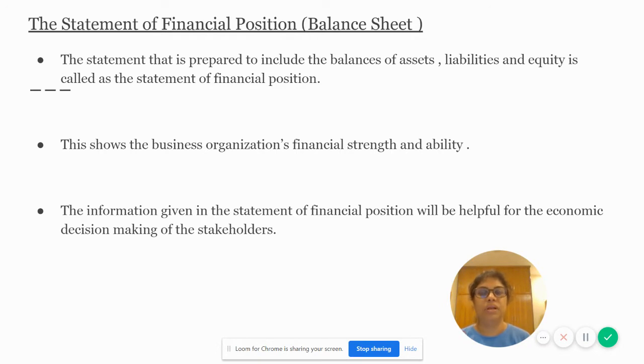From the profit or loss statement, as it is mentioned in the name itself, the business is trying to give out the profit or loss that they have earned during an accounting period. Here, under the statement of financial position, they are trying to give you an idea about the financial strength and ability of the business at the end of an accounting period.